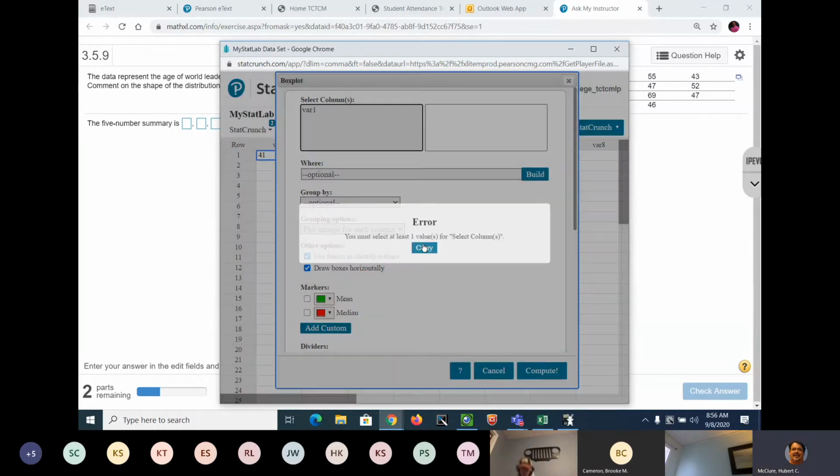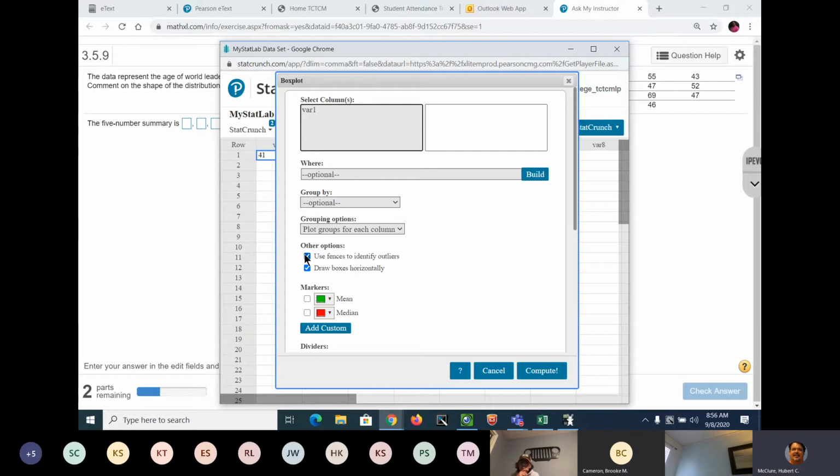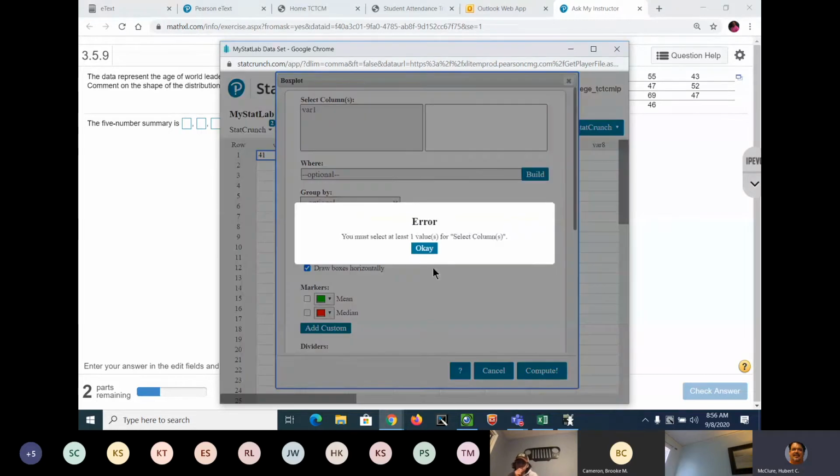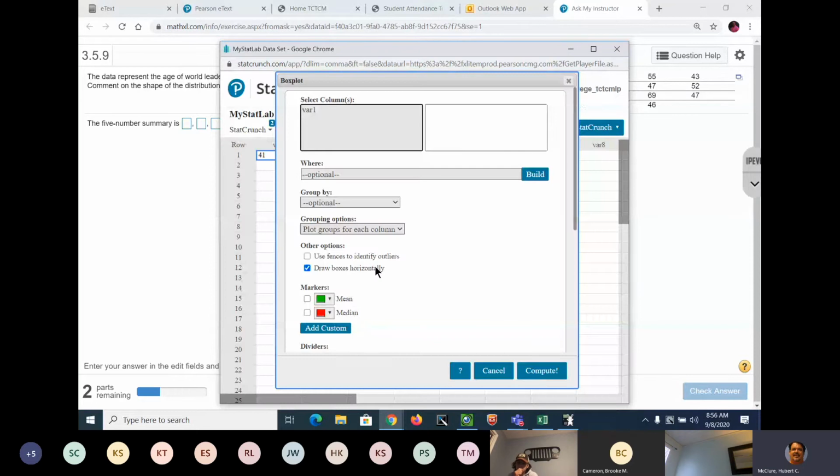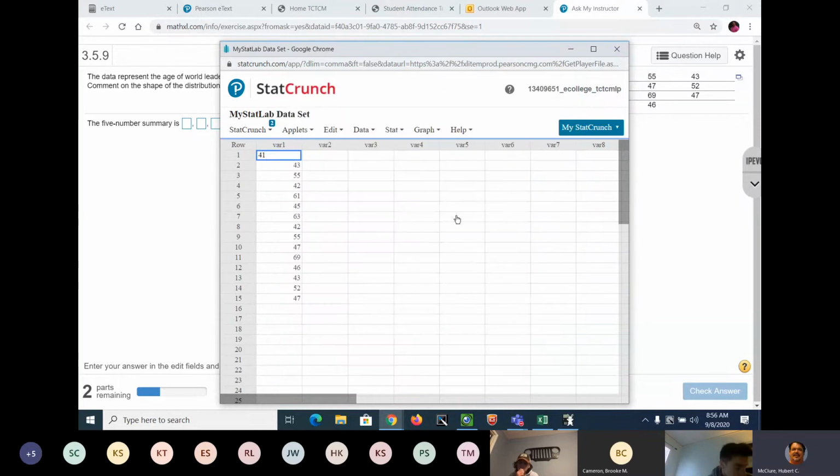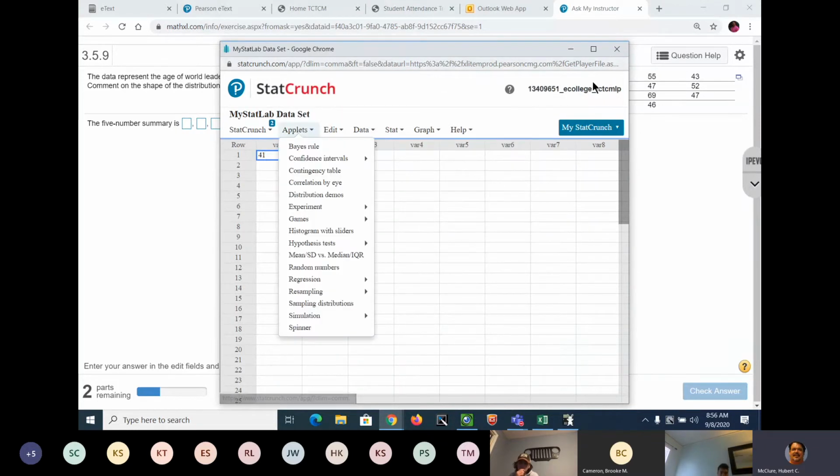No, it's not going to like that. I don't know why it wants to do it vertically. It's them Russians, that's what it is. But anyway, if you want to use StatCrunch, you can use it there.